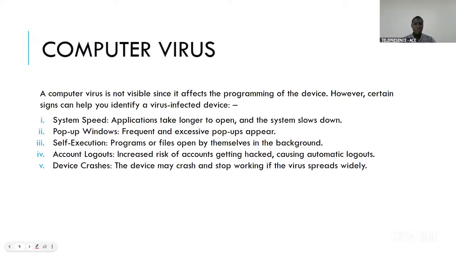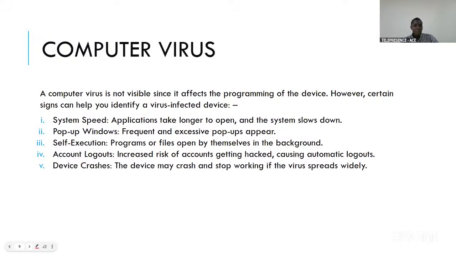So this is not what you can see, but through signs, you can know this my system or my gadget is being virus affected. Now, what are the signs that we can use to detect that my device or your device is virus infected? Well, one of the signs is the system speed.